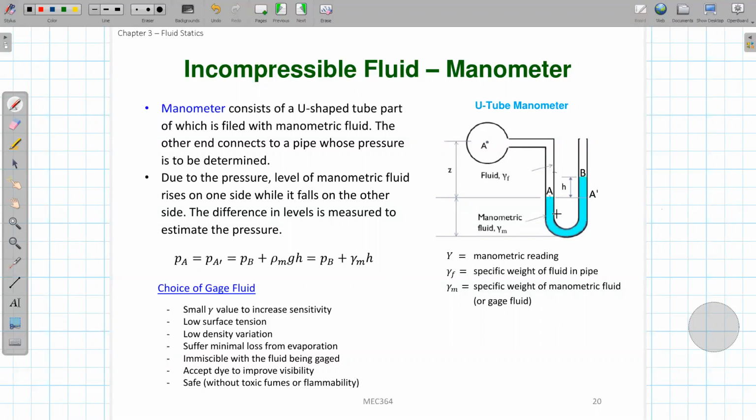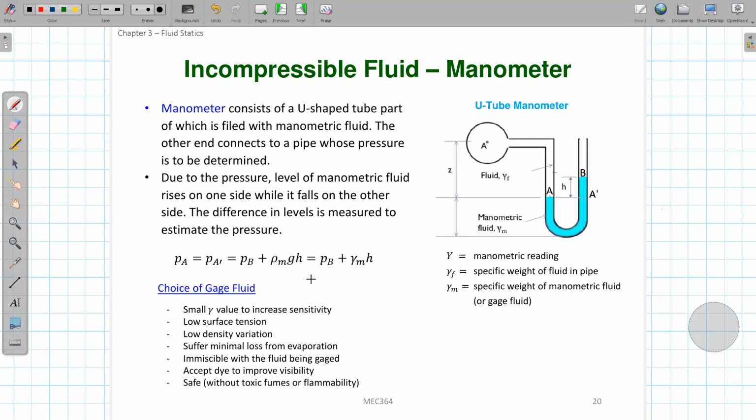We also do not want the fluid density to be very sensitive to room temperature, because if we put this equipment in a different temperature and the density changes a lot, the h reading will also be different. So these are the fundamental things behind this manometer.